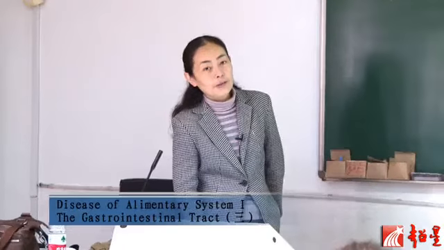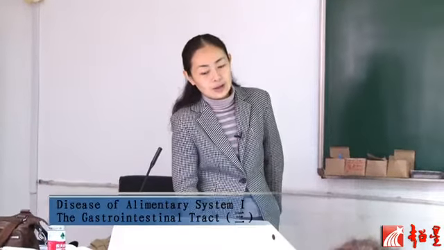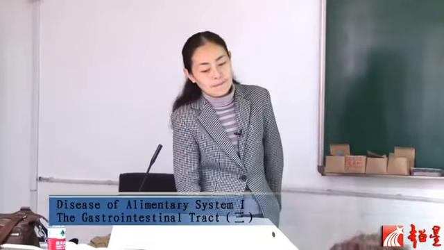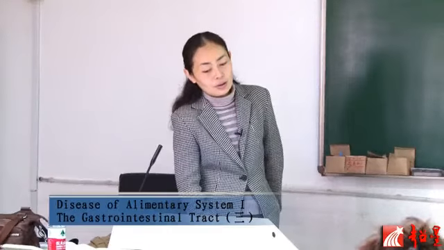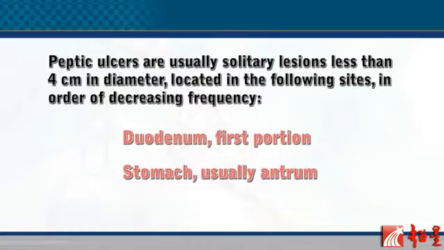This is a favorable location of peptic ulcer. For the duodenal peptic ulcer, it usually occurs in the first portion. And for the stomach, it is usually located in the antrum.